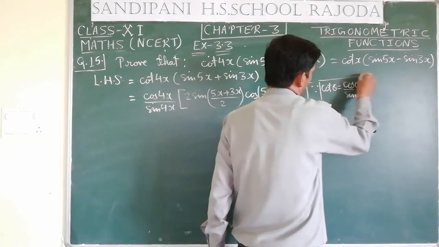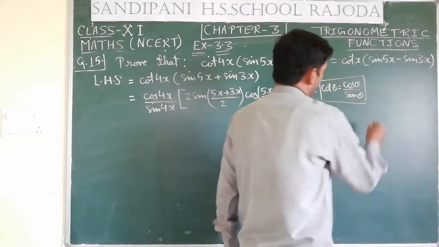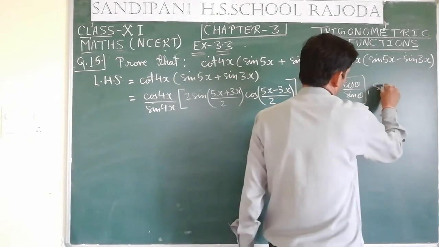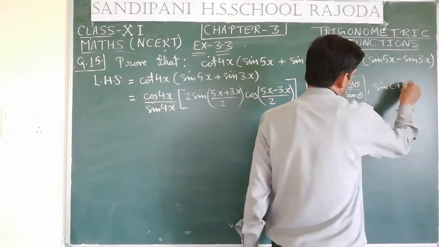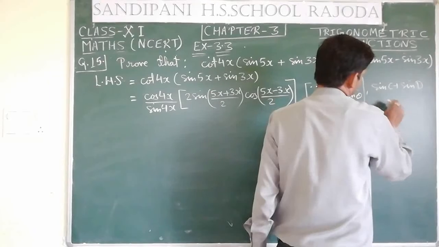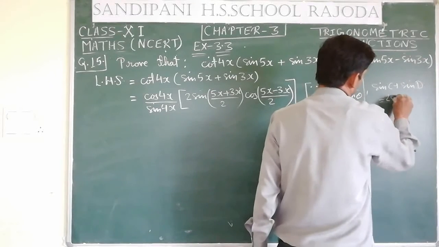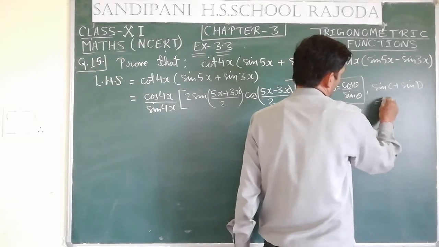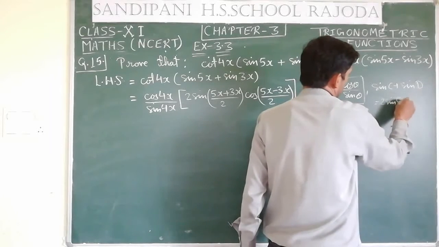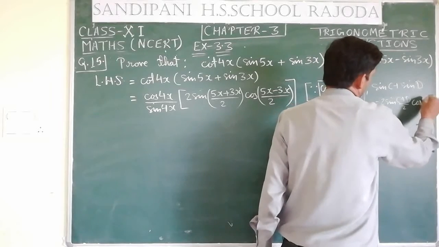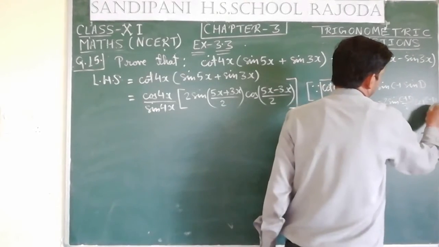This is one formula, and another one: sin c plus sin d, which is equal to 2 sin (c plus d) by 2 cos (c minus d) by 2.